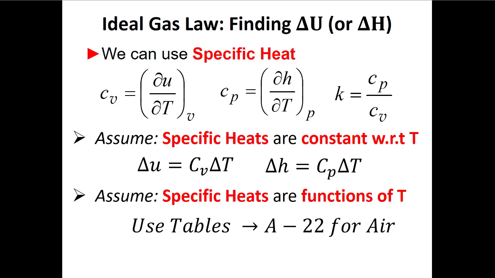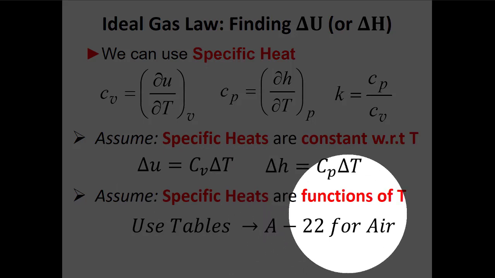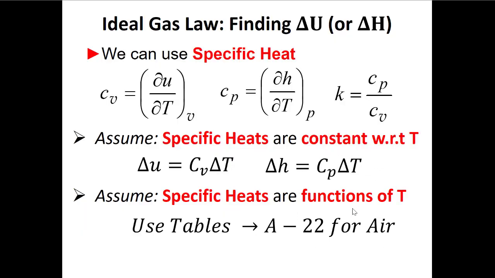So if we're dealing with ideal gases and we assume that the specific heats are not constant. So constant specific heat's a reasonable assumption, particularly when your temperature difference between your 2 states is not exceptionally high, but the assumption gets worse the bigger that delta T gets.